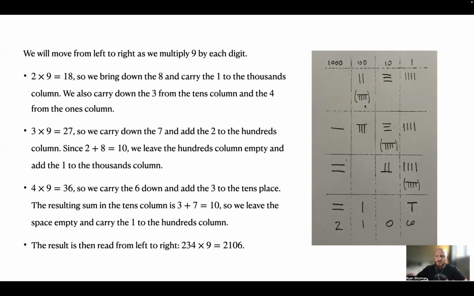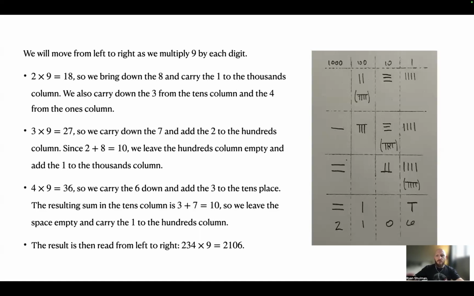What we do is we bring down the result that is in the ones column, the 8, and I put the 8 right here. And then the result in the tens place, I put into the column to the left. So here is 1, 8, that's 18. And then I just carry straight down the 3 and the 4 that I haven't yet operated on.